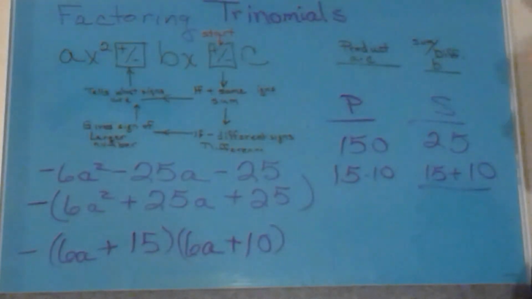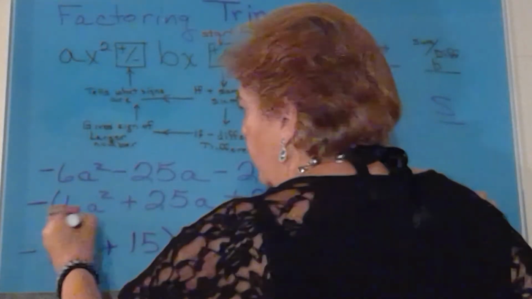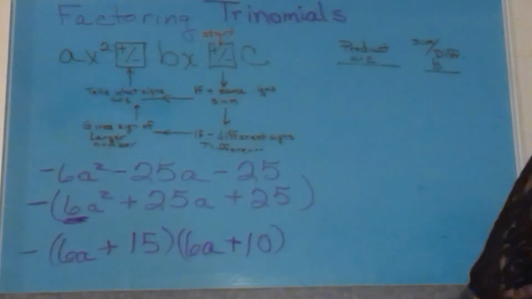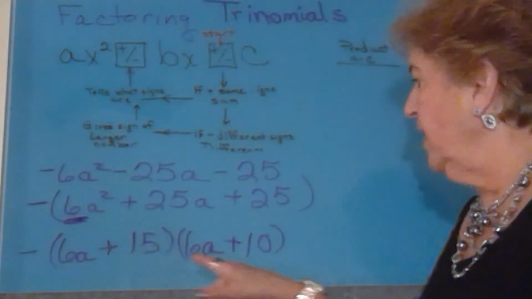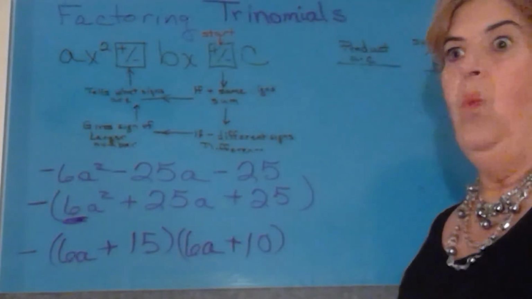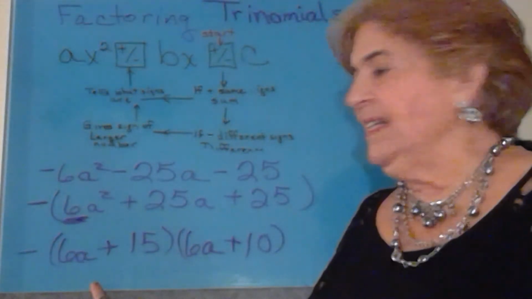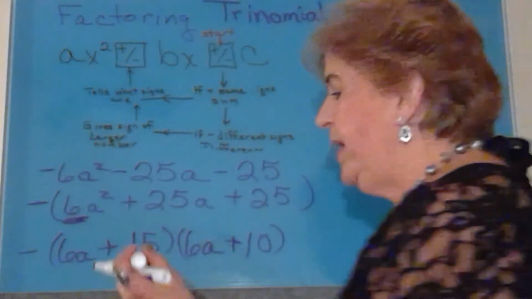Now, the difficulty here is I need to factor out that 6. 6 doesn't go into 15, and 6 doesn't go into 10. What are we going to do? 6a plus 15. You can factor a 3 out of that.